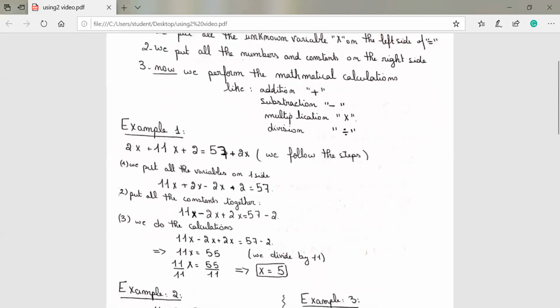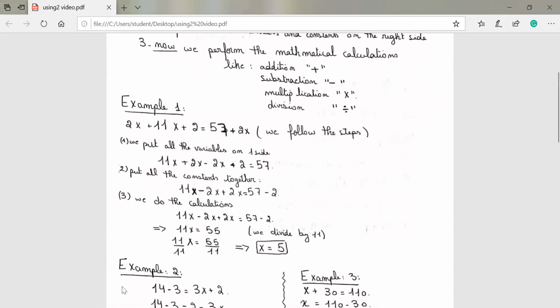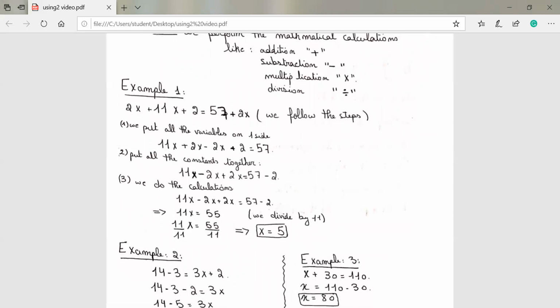Now moving into our second example, we have 14 minus 3 equal to 3x plus 2. Notice here that the variable is already on a separate side, but we already have plus 2. So we move directly into our second step, which will be collecting all the constants and numbers on a separate side. So we already have 14 minus 3, and now we should subtract 2 from both sides to have 14 minus 3 minus 2 equal to 3x.